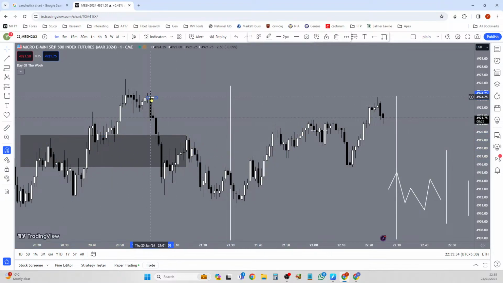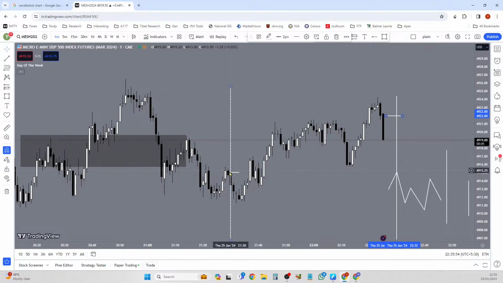I'll use this opening price. So this is the opening price, and let's say it closed somewhere where it is right now. I'm just using it hypothetically, just to show you an example of a bullish candle. So this, let's say, is opening, and this is the closing.